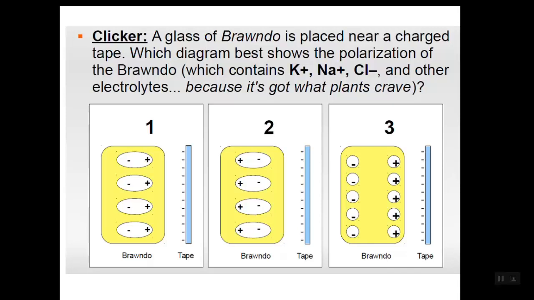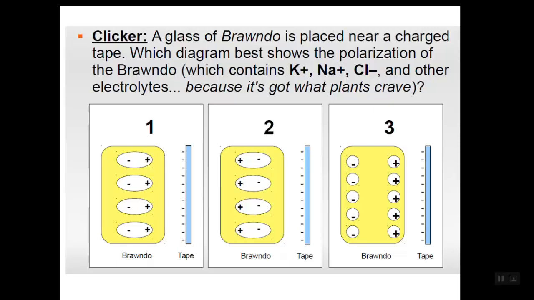In this question, the tape acts as the source of external electric field acting on and polarizing the Brawndo. Now figures 1 and 2 suggest the Brawndo behaves like an insulator, where at the atomic or molecular level, the charges shift only slightly without moving large distances.